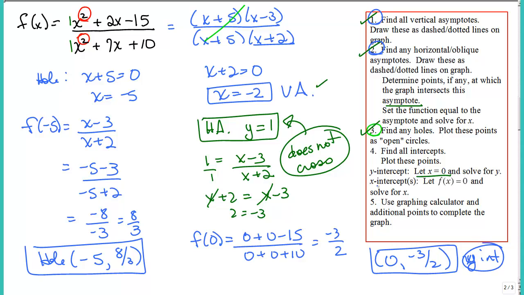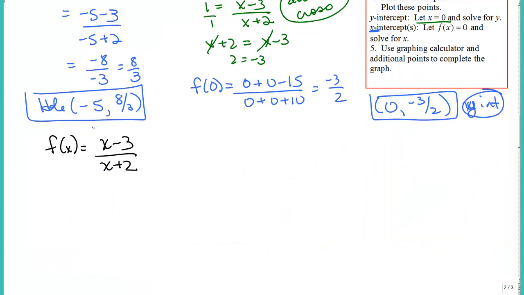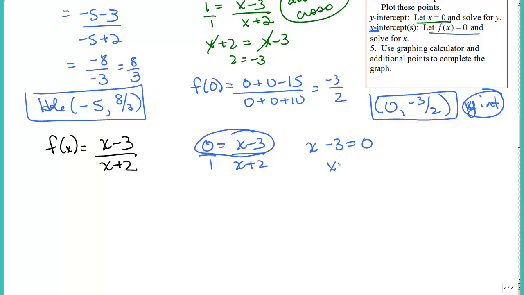The last thing I need to do is find the x-intercepts. I'm going to use my reduced function, just easier to work with, and I'm going to let that function equal 0 and solve for x. And remember, you could cross multiply, or remember it's just the numerator. And so when x is 3, y is 0, and that's going to be my x-intercept.